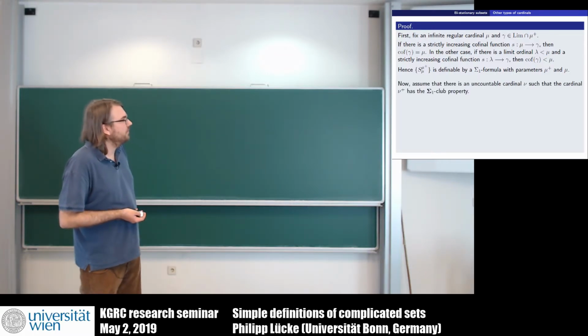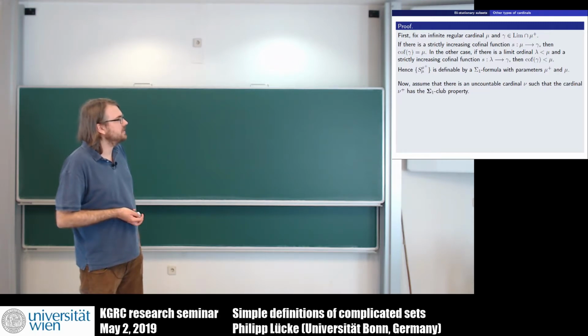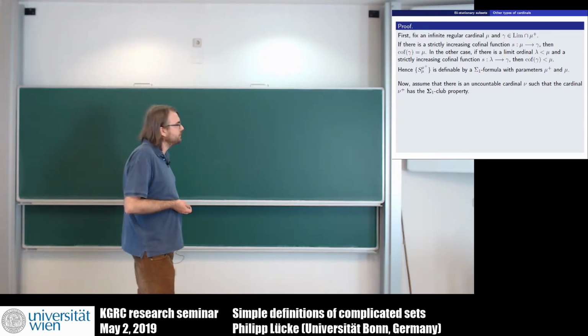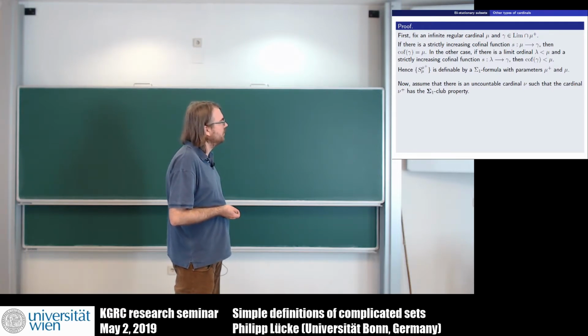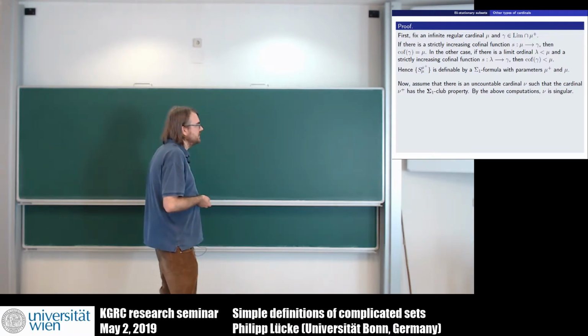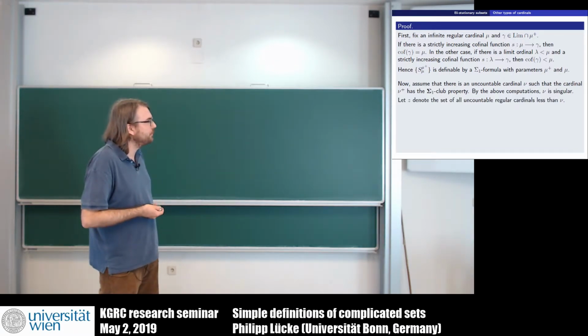Okay, so now for arbitrary successors of uncountable cardinals, let's assume that such a cardinal has the sigma 1 club property. Then it has to be a successor of a singular cardinal by the first argument.